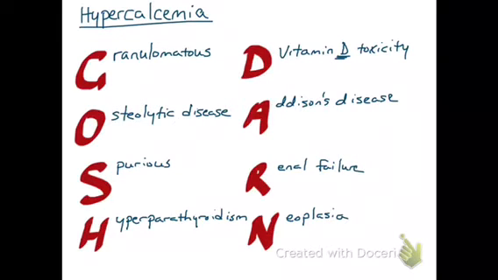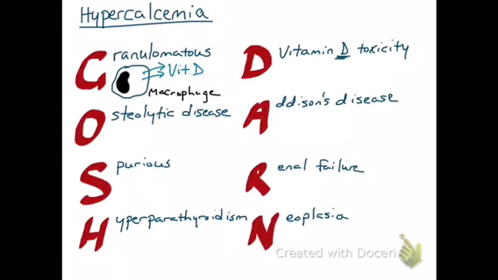So first, with granulomatous disease, in some types of severe systemic granulomatous disease, the macrophages produce and release vitamin D, and this vitamin D causes increased intestinal absorption of calcium, increased resorption from bone, and also increased resorption by the renal tubules.